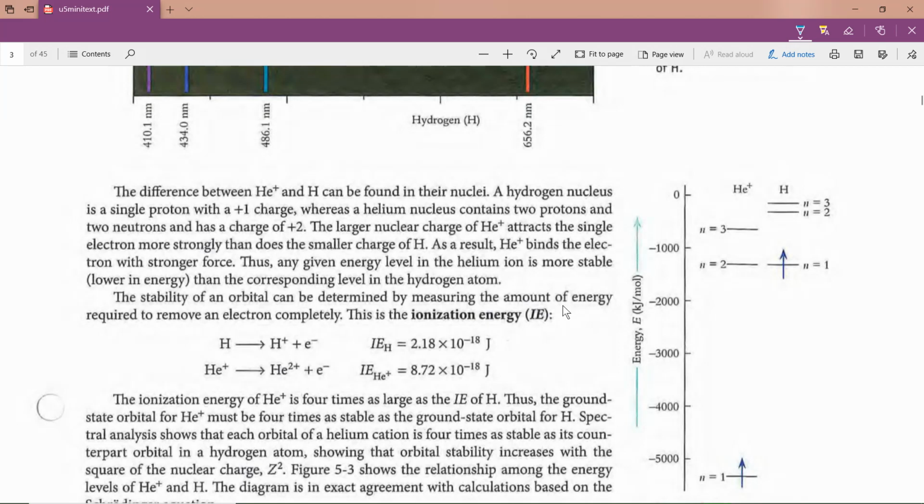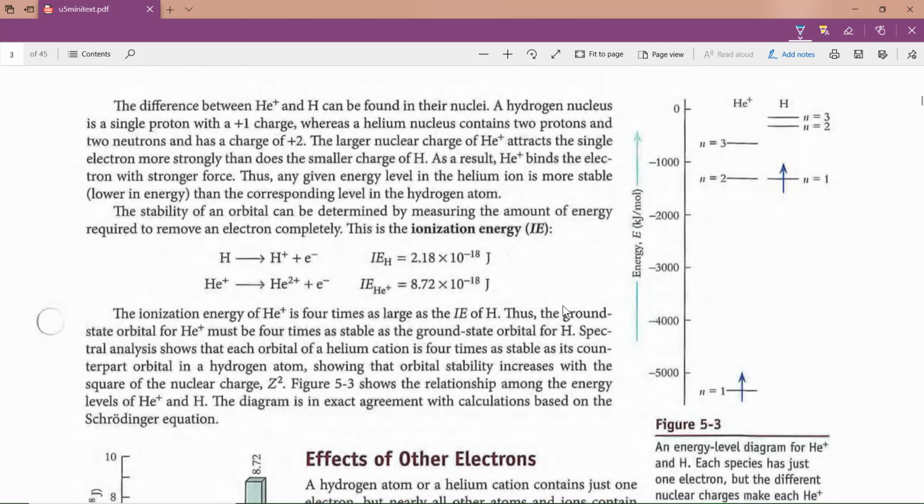Helium plus binds the electron with a stronger force. See that? Helium plus n equals 1, way down at minus 50, 200, something like that. And then there's hydrogen around minus 13, 12, I think. So bottom line is helium plus is more stable than hydrogen.